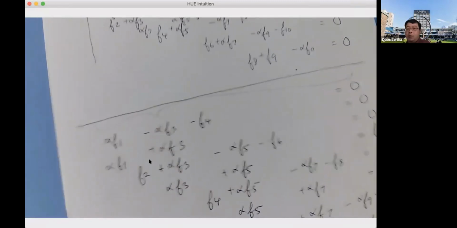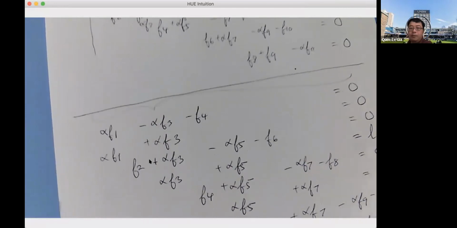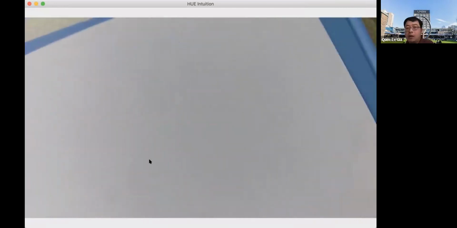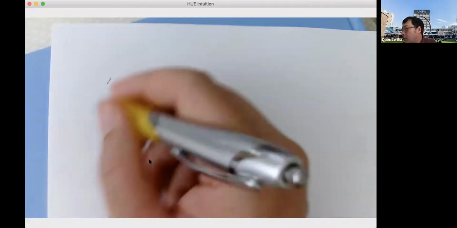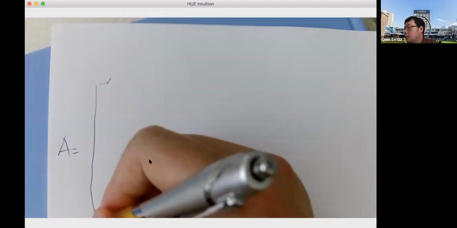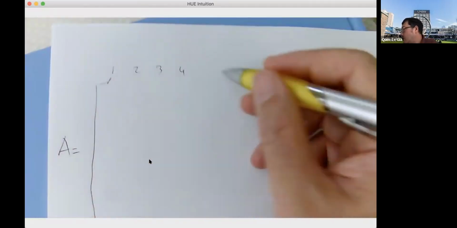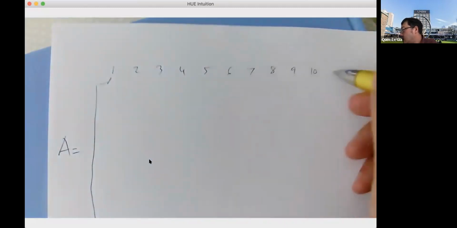So the matrix A will be a big matrix like this, 11 by 11: 1, 2, 3, 4, 5, 6, 7, 8, 9, 10, 11.